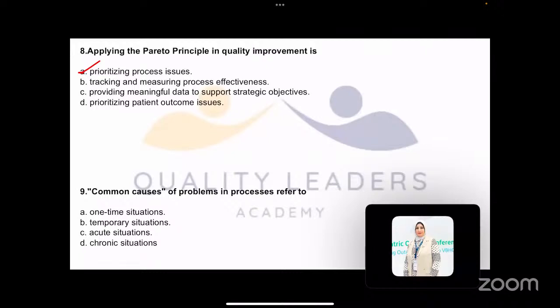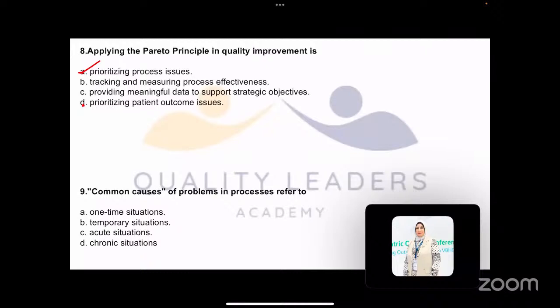Okay, the answer here is prioritizing process issues. What do we use prioritization for? So where is prioritization applied? It is in letter D, prioritizing patient outcome issues. But which answer is better and more comprehensive? Should we prioritize process issues or patient outcome issues?